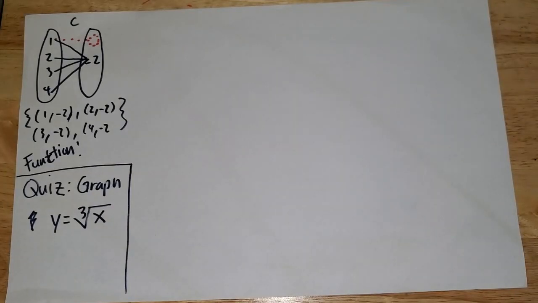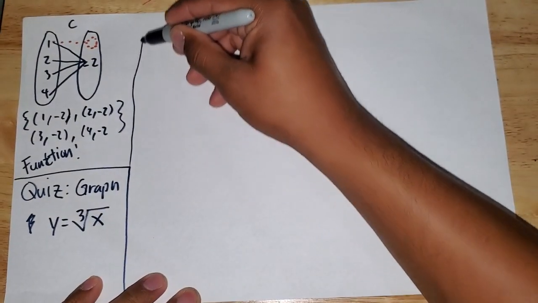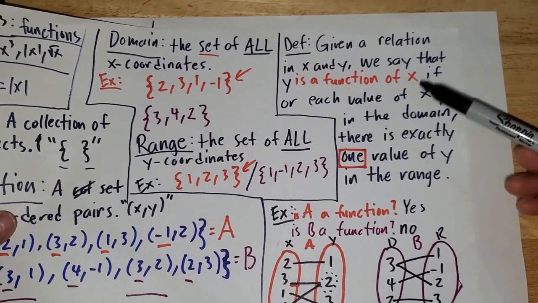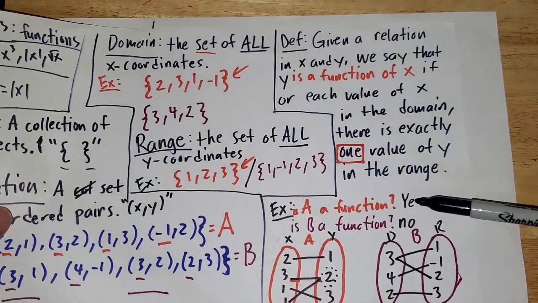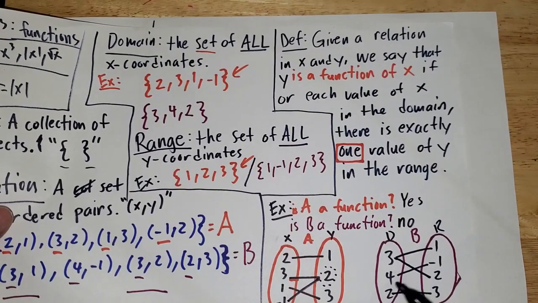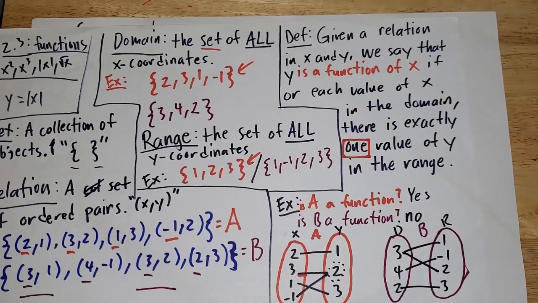So then what we have to do is see how can we determine if something functions another way. So the way we did it first was just use the definition, and I looked at it, yes, no, and then we saw the mapping, and we saw how this mapping worked.